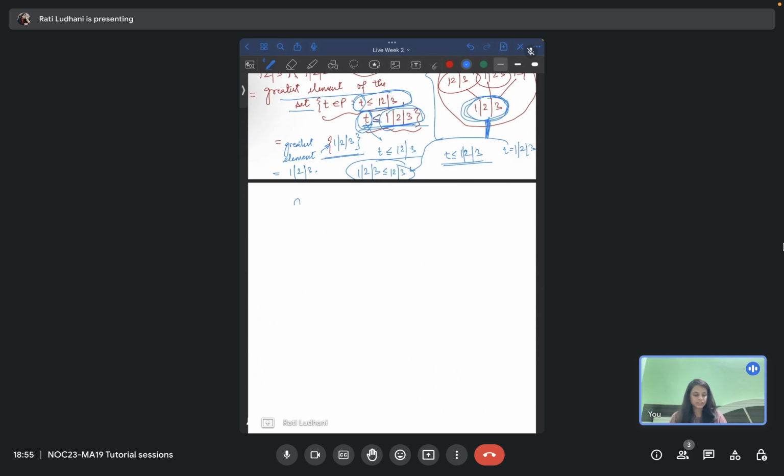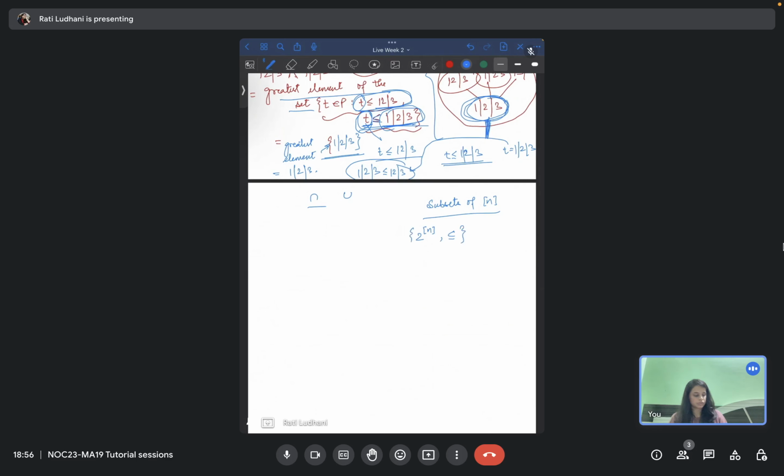So this is the thing. Now the intersection and union thing which you asked. Now consider the subsets thing. For example, let's take subsets of this. Now you take 1, you take 2. Now this is a poset, right? Subsets of n, so the power set of n with the inclusion.